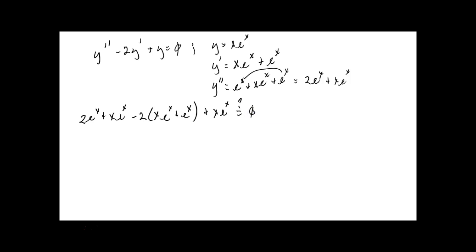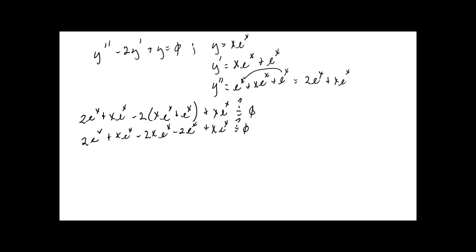Well, let's see. First thing we've got to do is distribute our minus 2. So this is going to be 2e to the x plus x e to the x minus 2x e to the x minus 2e to the x plus x e to the x. Is that equal to 0?